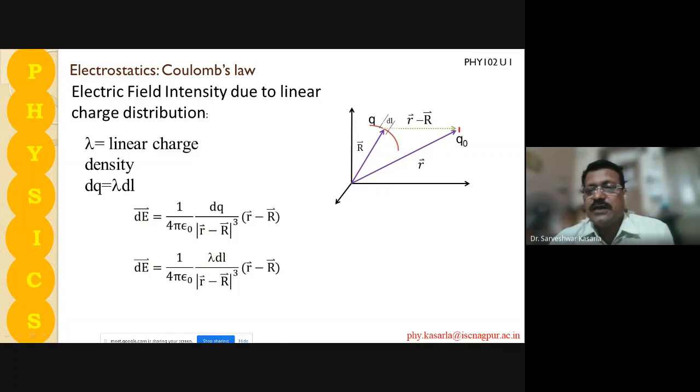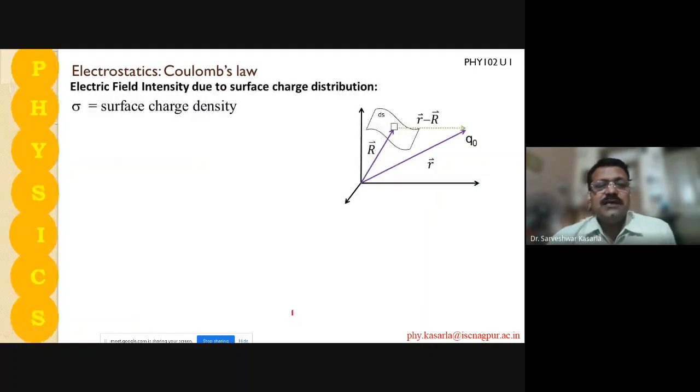So this is the expression for the intensity due to linear charge distribution.